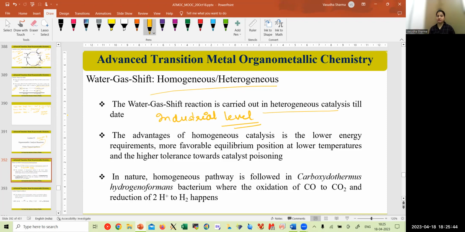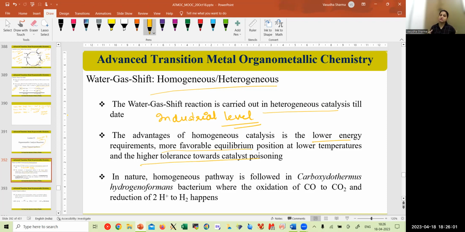So heterogeneous will give you a large amount of the product. But the advantages of homogeneous catalysis are the lower energy requirements, which is favorable for the equilibrium positions at low temperatures, and high tolerance towards the catalyst poisoning that we have just discussed.